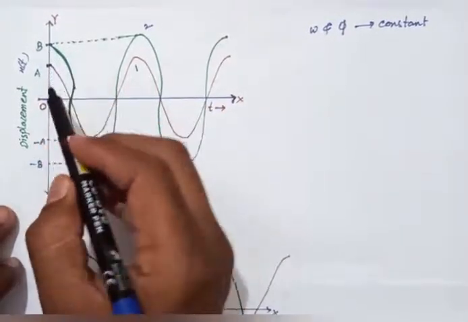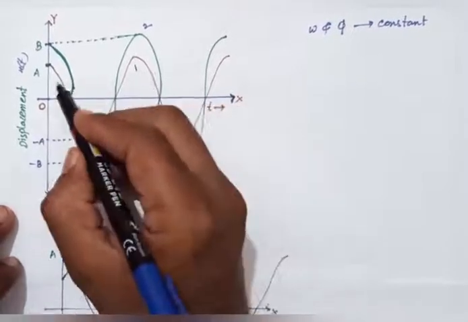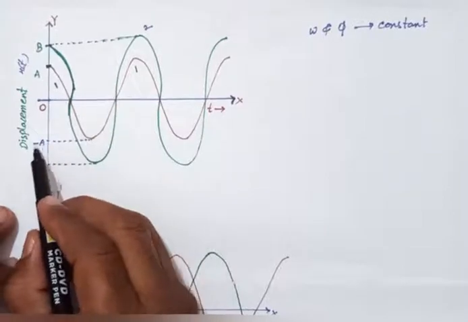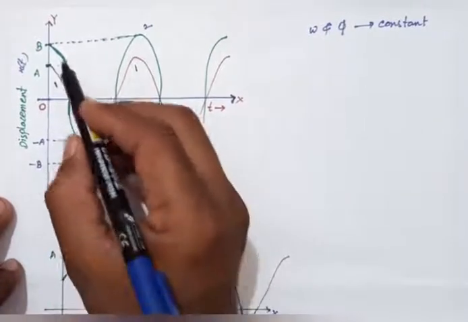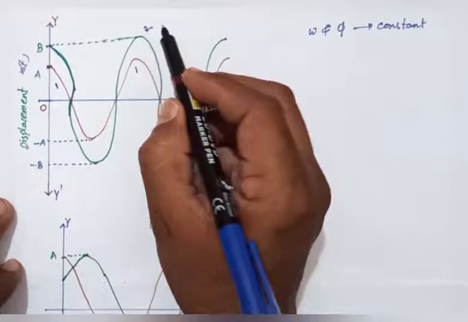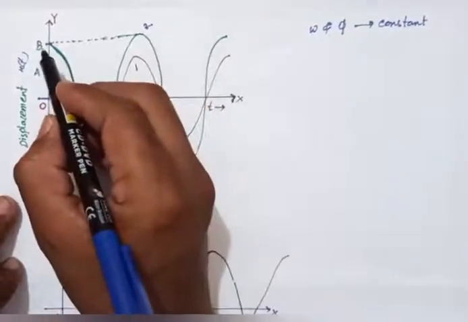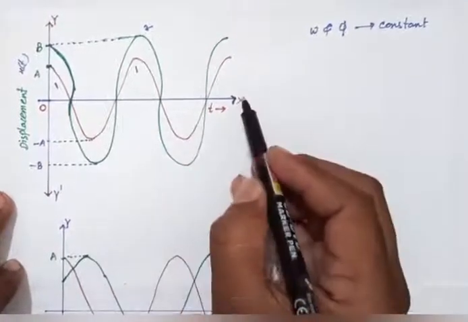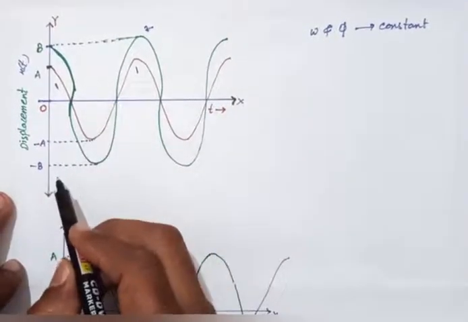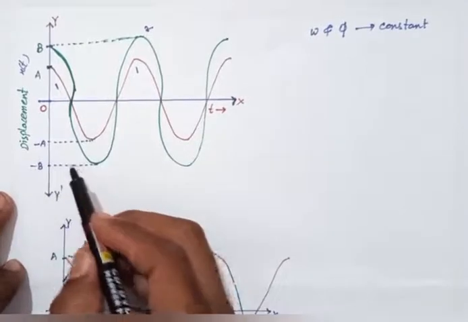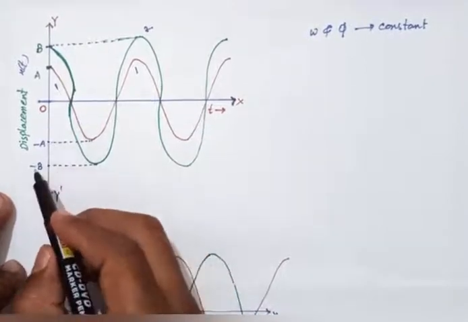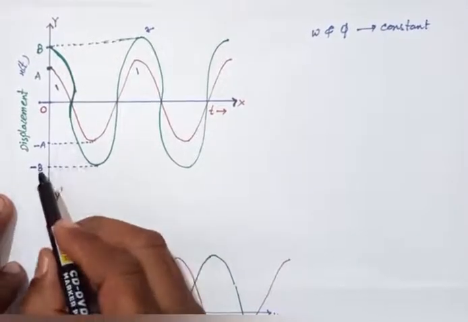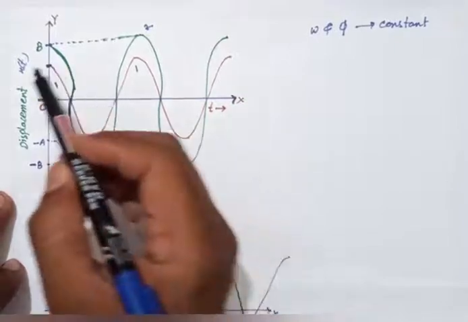So the first one has amplitude A, and negative also, minus A. The second simple harmonic motion particle has plus B, the maximum along the positive x-axis direction, and minus B, which is its amplitude.